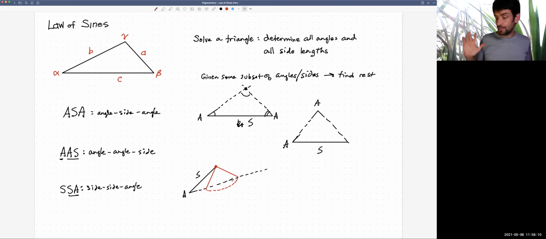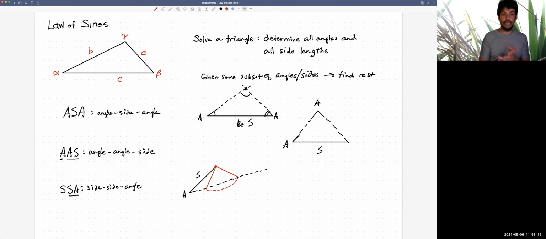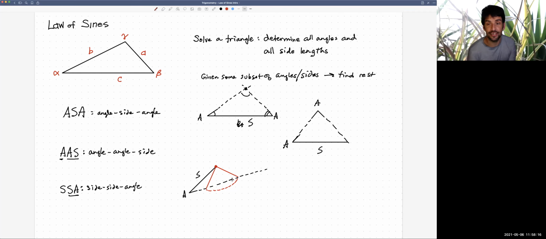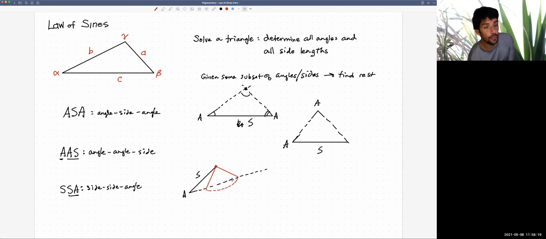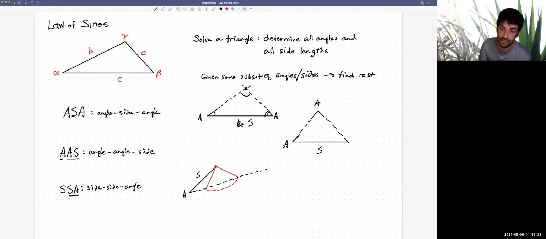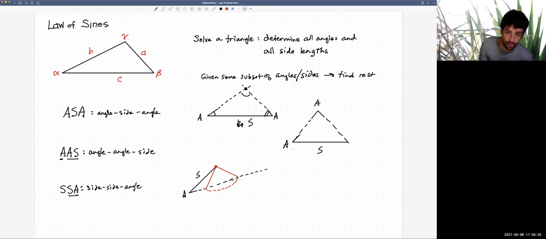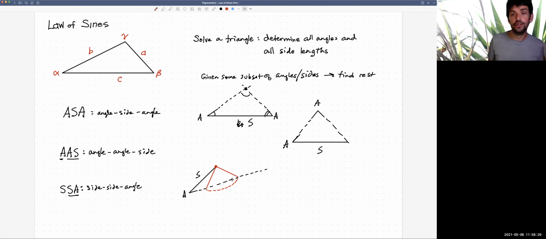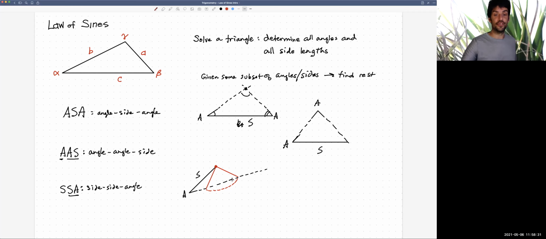All we've said so far is we're looking at non-right triangles, and we're going to try to solve them, meaning we will be given some information about them, and we want to figure out the other information. The information here is the measures of the angles or the lengths of the sides.